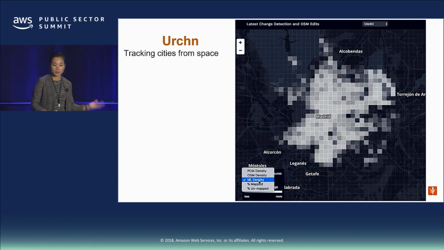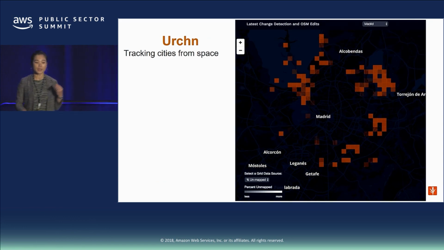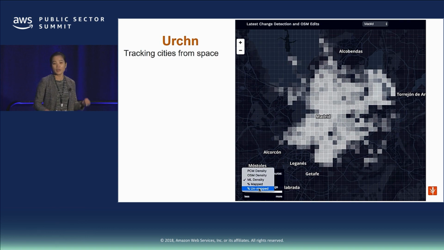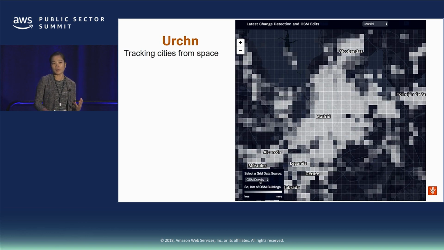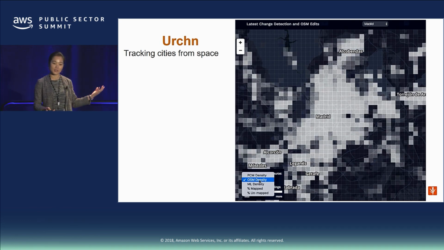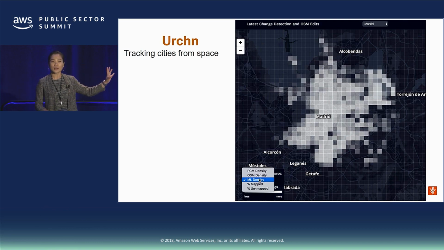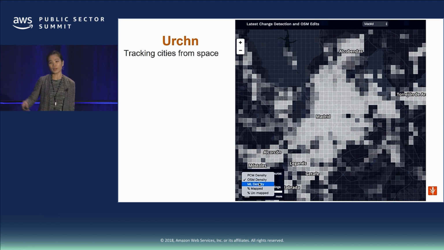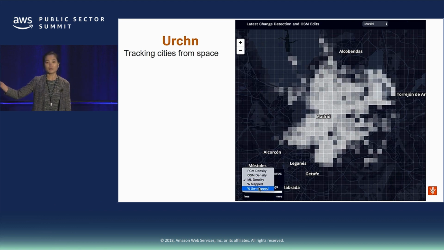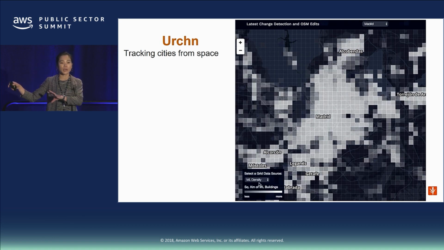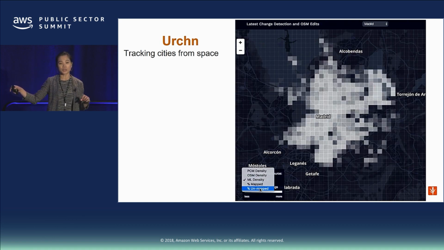Okay, so coming back to Urchin again. We are tracking the urban change from space. This is a pipeline we built with machine learning, right? One side we are pulling data from OSM, and on the other side we have machine learning predictions on the satellite image, giving us building outlines.